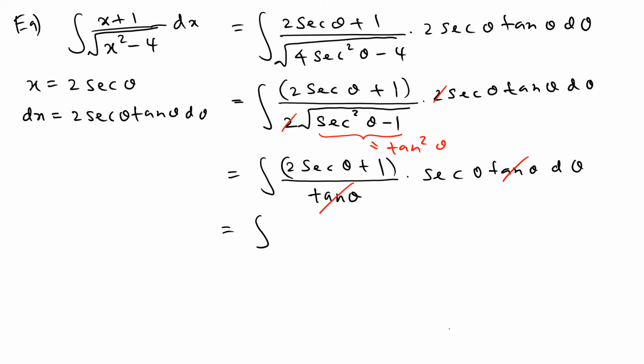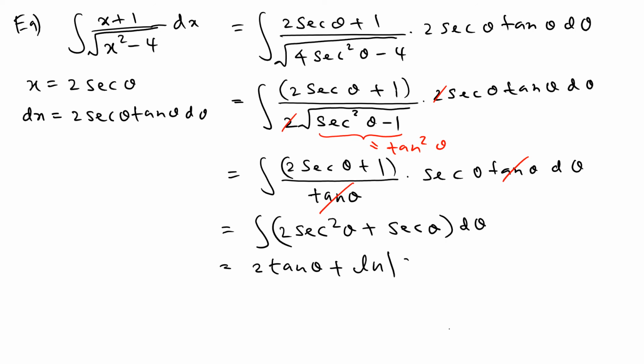So what do you get? You have to multiply by secant, so you get 2 secant squared theta plus secant theta. For both of these we know the formula. The first one, secant squared, is simply tan theta. The second one is natural log of secant theta plus tan theta, plus c.